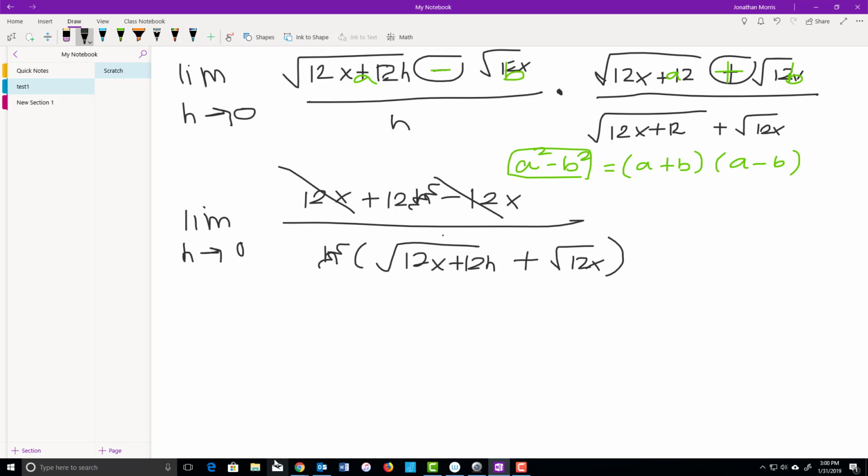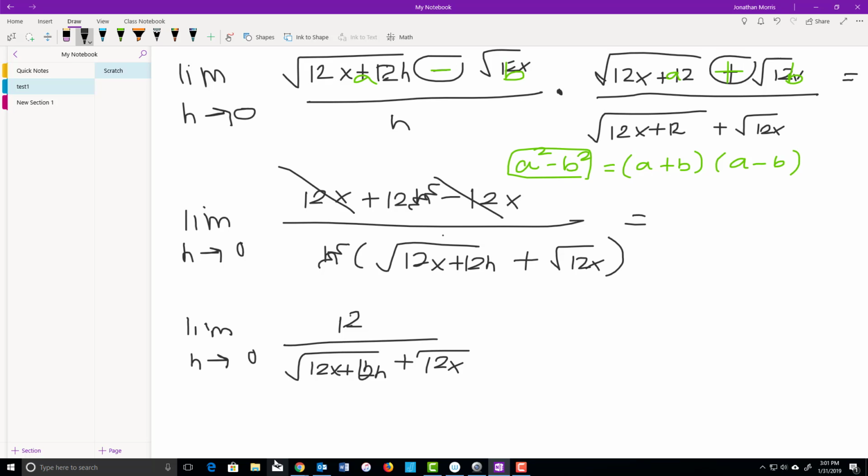All of a sudden, I have the limit as h approaches 0 of 12 divided by the square root of 12x plus 12h plus the square root of 12x.